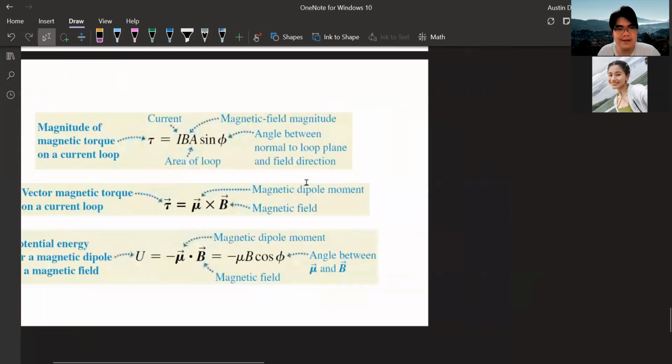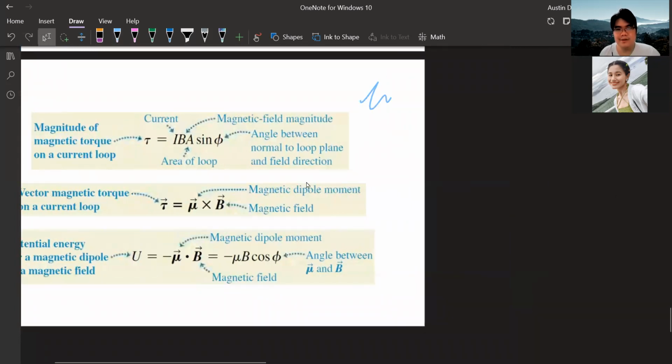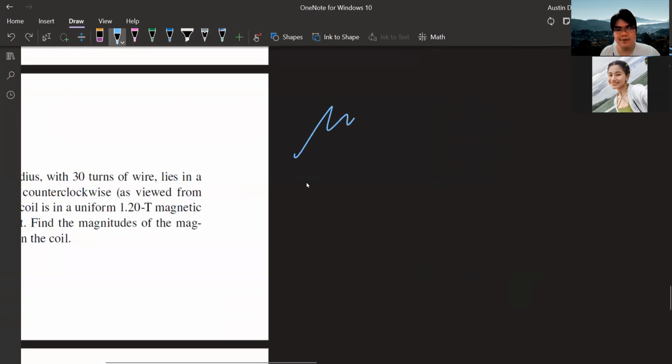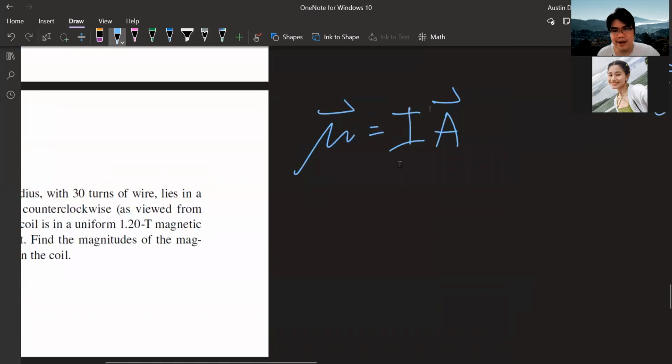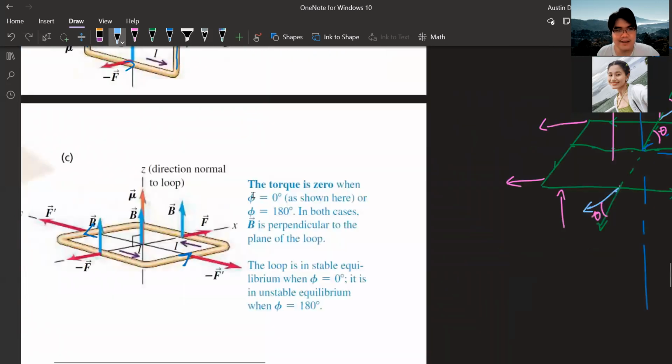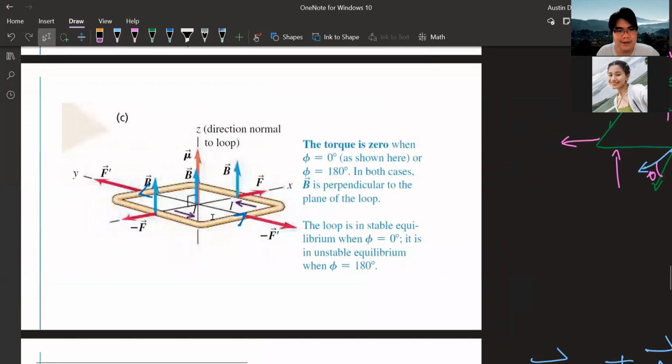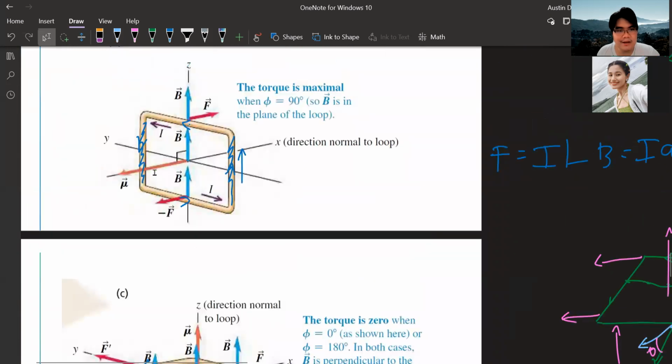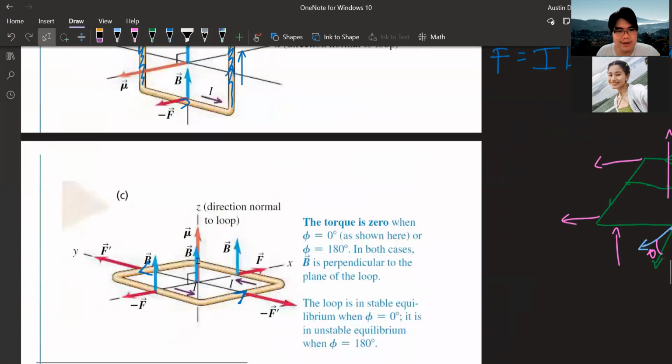So mu is just the current of the loop times the area. Okay? So yung area yung may direction. So for these cases, ang mu natin would be pointing for this part to the left, and this part pointing upward.